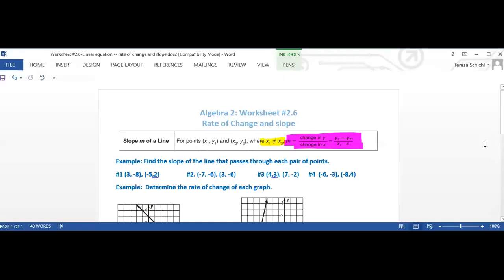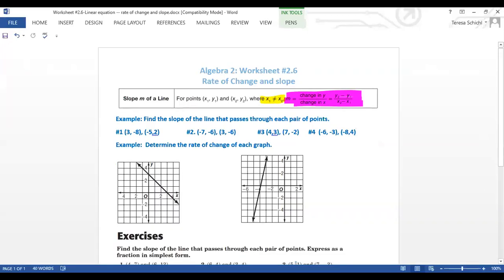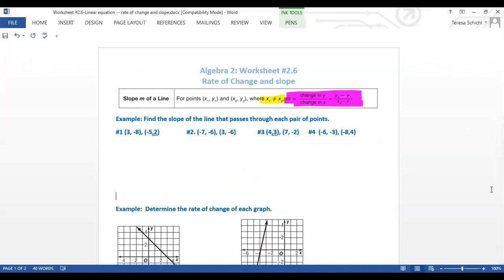Let me give some space here so we can do the calculations. Let's take a look at the first one: 3, -8 and -5, 2. This is x1, y1, and this is x2, y2.